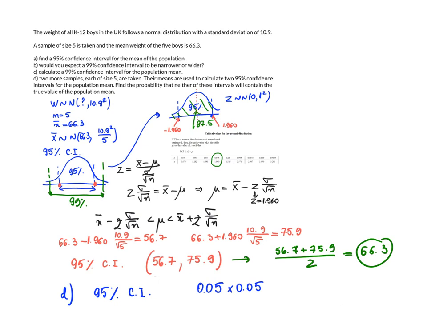Sometimes you are asked to find n given the length of the interval. That's a formula that is quite useful. It is not in your formula sheet. The length of the interval will be the difference between the upper bound and the lower bound of the interval. So 2z sigma over square root of n is the length of the confidence interval.